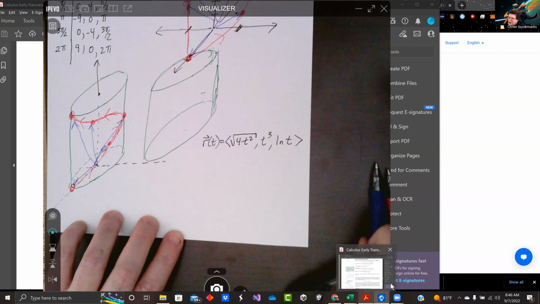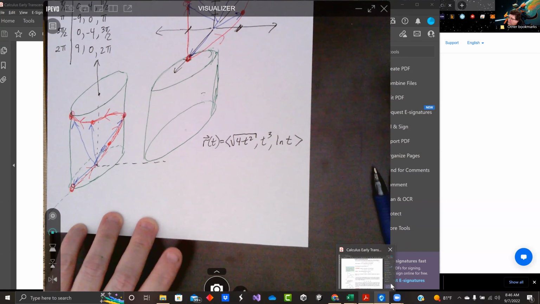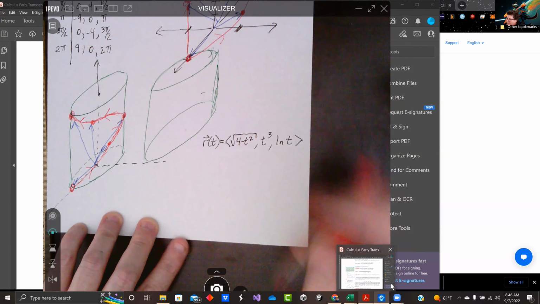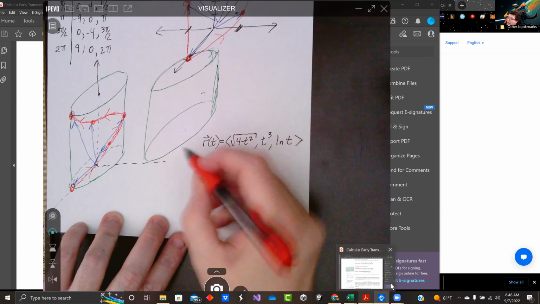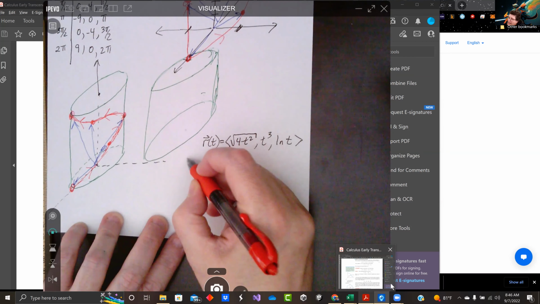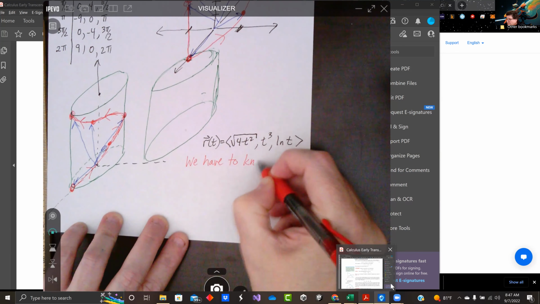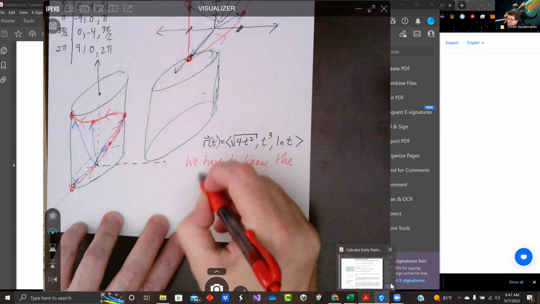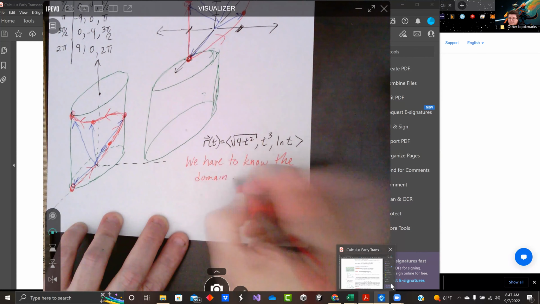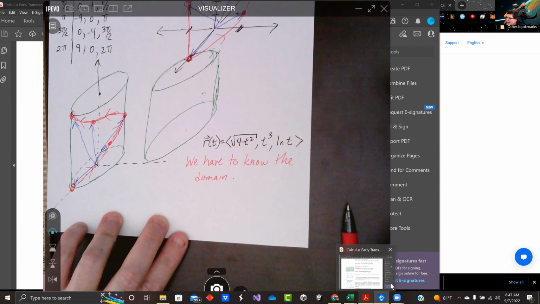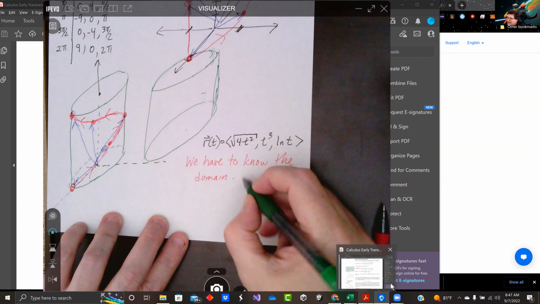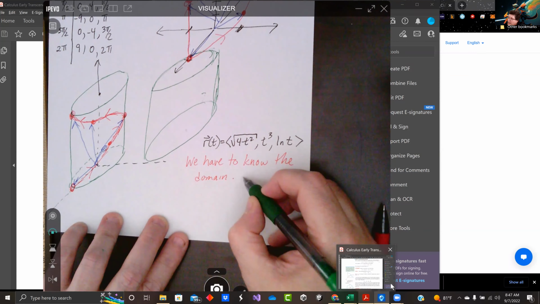Before we can sketch it, I don't even know how it'll look. I can't even imagine trying to sketch this. We have to know the domain. And the domain is where each of the individual components intersect.